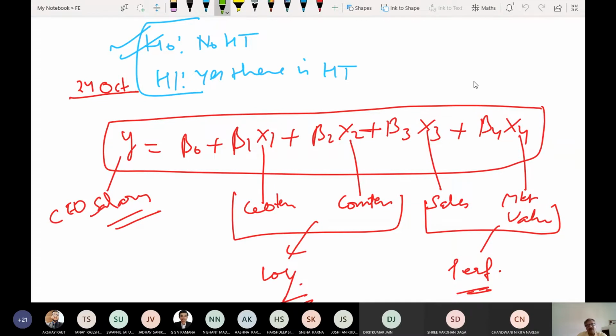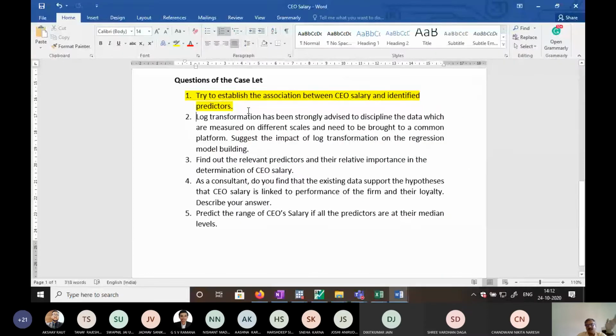So now if I have to do the discussion on the CEO salary, under the first point, I'll say that out of 4, 3 are strongly significant. 3 means CEO tenure, company tenure, and sales of the company. These are significantly associated with the CEO's salary.